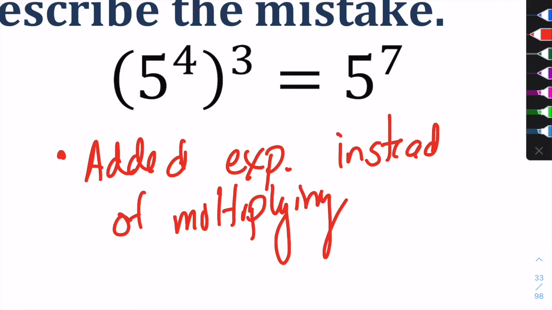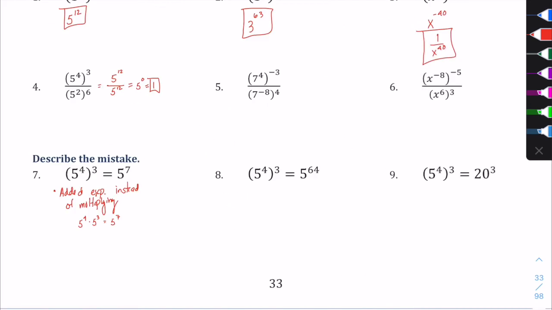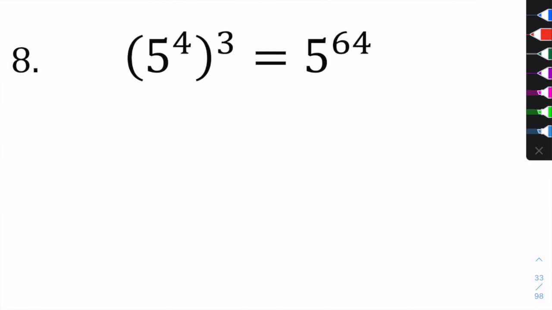We do that when it would be something like 5 to the 4th power times 5 to the 3rd power. Here we have two things with the same base. We add their exponents, make that 5 to the 7th power. What about here? 5 to the 4th to the 3rd equals 5 to the 64th. You might not even see what they did here, but if you think about it, 4 to the 3rd power is 64, so that's what they did.